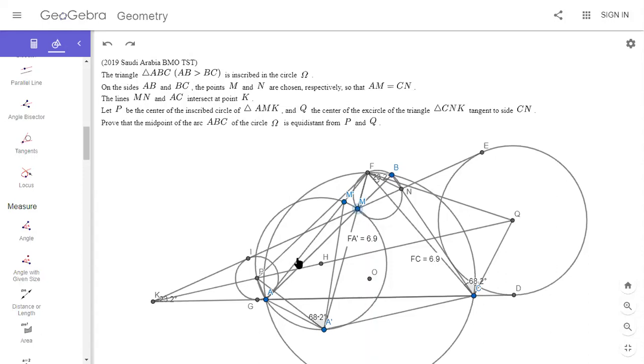Or no, we want to show angle AFM is equal to this angle right here.